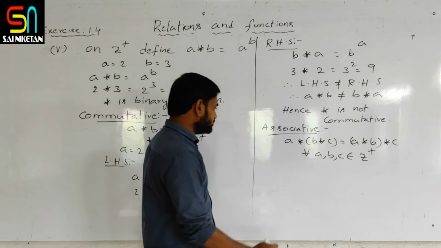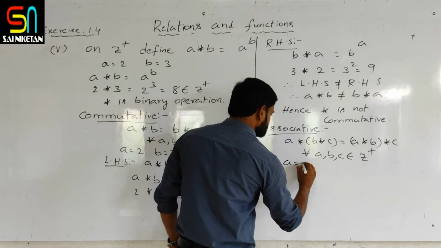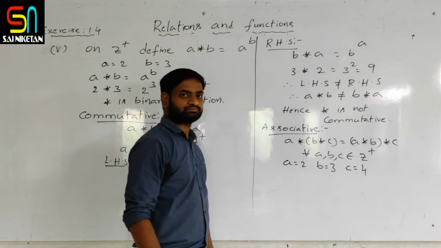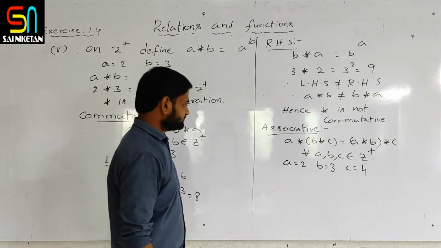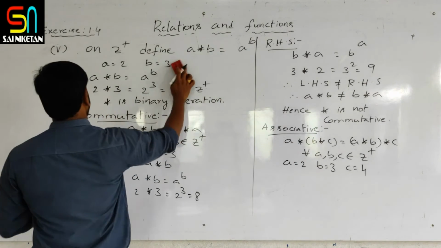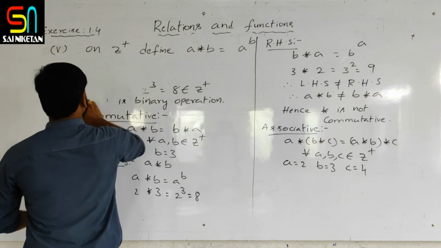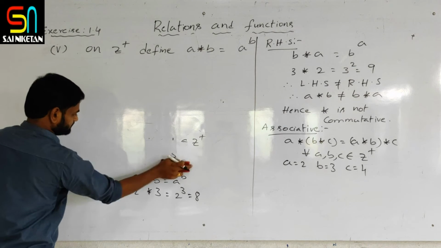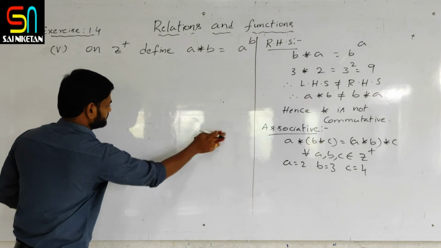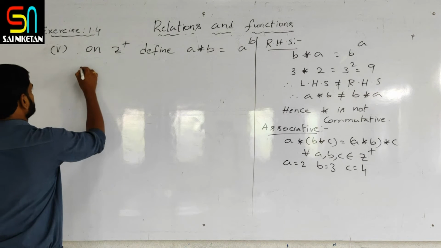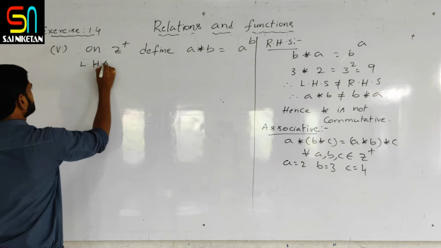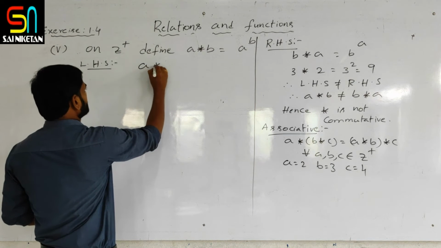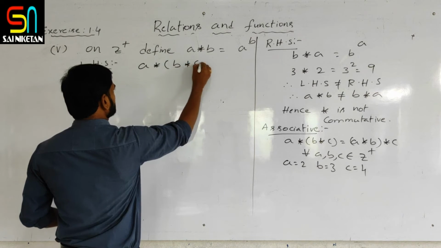That's why I am taking 3 values: A value is 2, B value is 3, C value is 4. Now take the LHS first. The LHS part is A star of B star C.